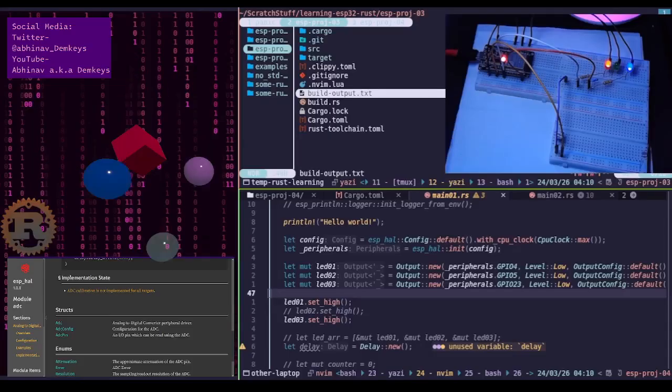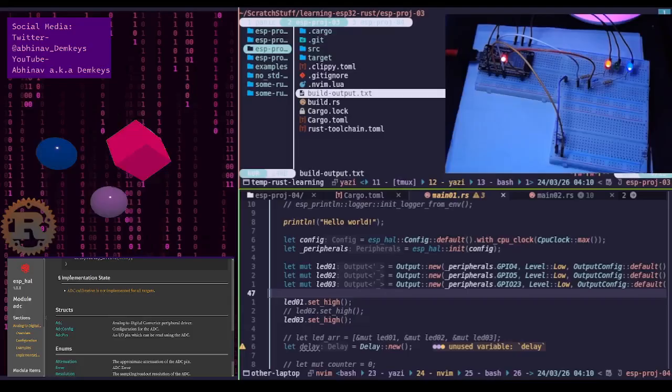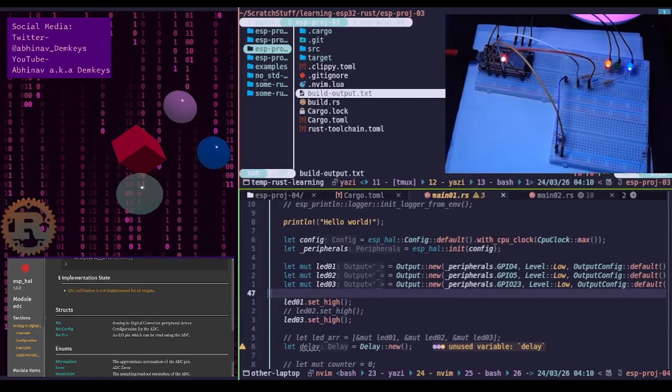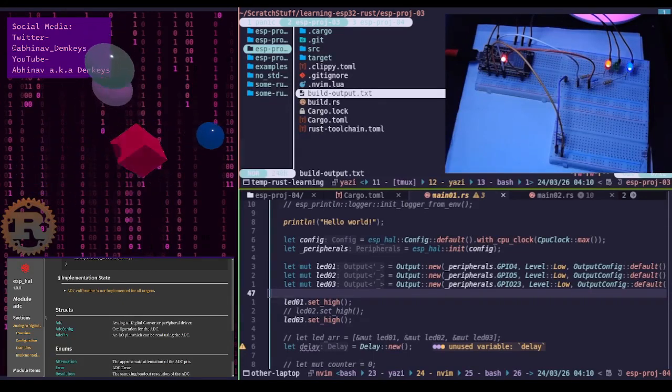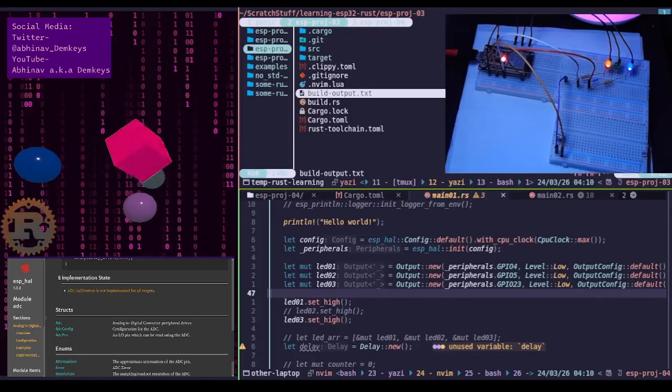Because this is what I'm wondering. Do I need to calibrate it if I'm not doing highly accurate stuff right now? Do I need to worry about the accuracy?